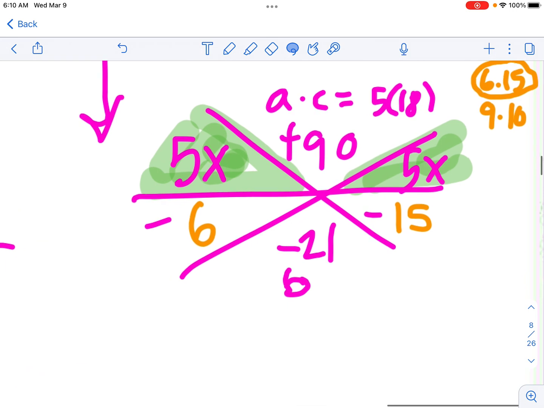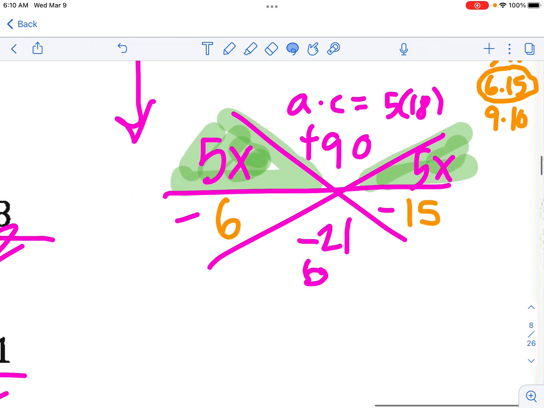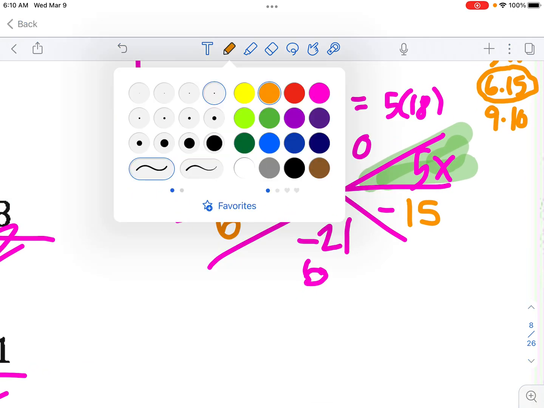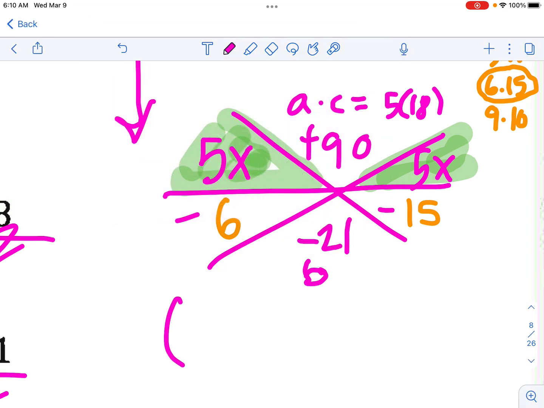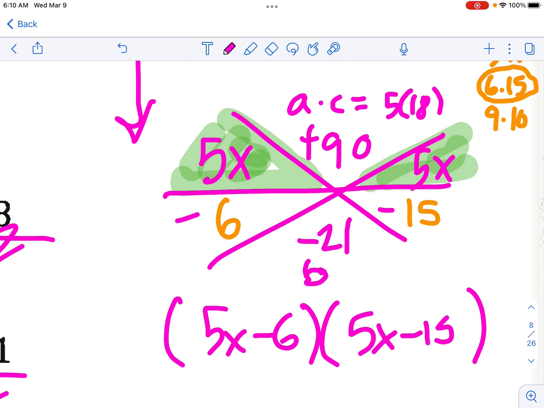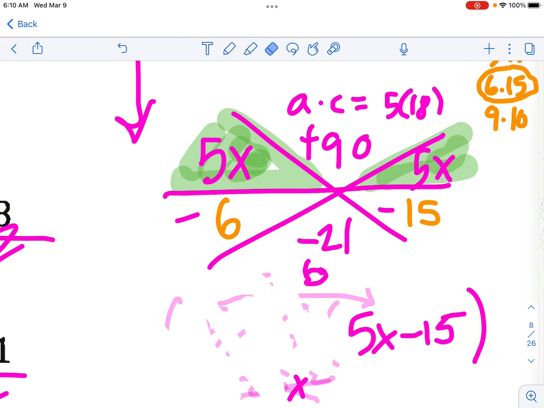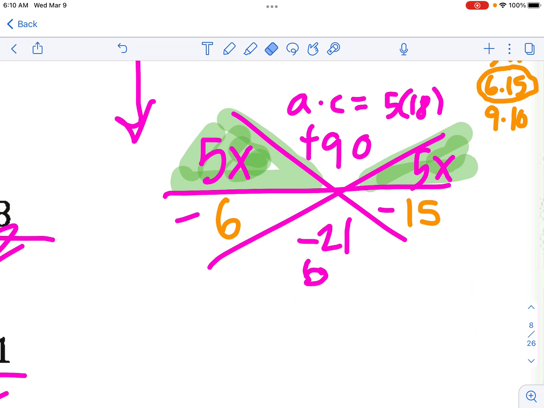And second of all, if we tried to make the brackets right now 5x minus 6 and 5x minus 15, that's not going to work because 5 times 5, if I do that first FOIL, is 25x squared. And we don't have a 25x squared in the problem. So that is not going to work, okay? So that's out of the picture.